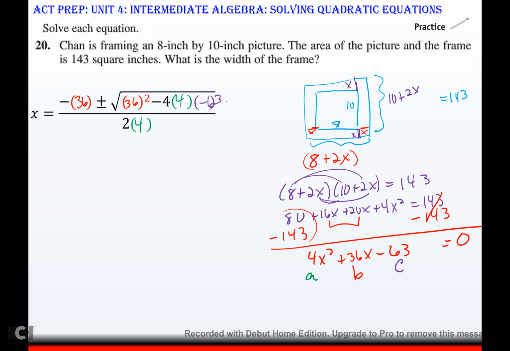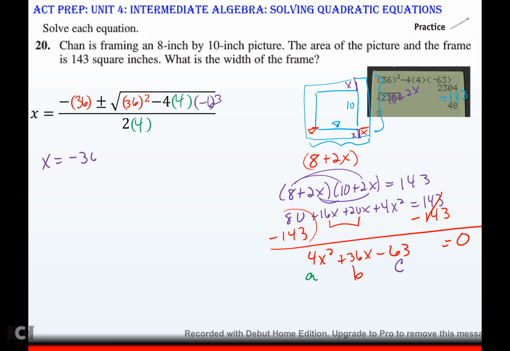Okay, just typing in what's underneath the radical, I get 2304. So x equals negative 36 plus or minus the square root of 2304 all over 8. The square root of 2304 is 48.